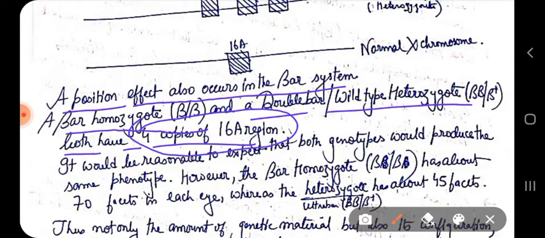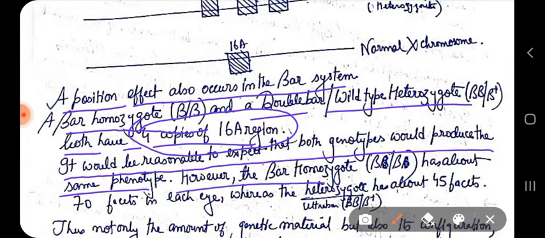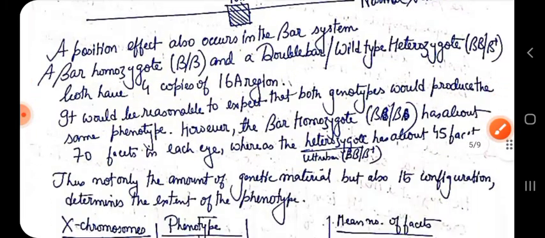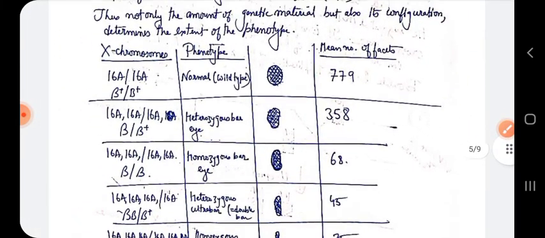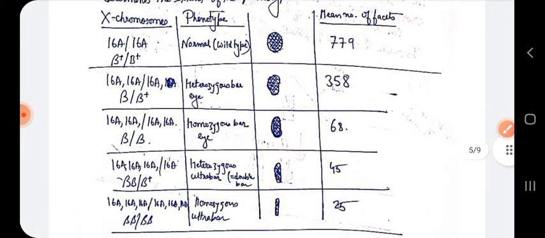That means more reduction in the number of facets, the number of small eyes that make your compound eye. It would be reasonable to expect that both genotypes would produce the same phenotype. However, the bar homozygote has about 70 facets in each eye, whereas heterozygotes will have about 45 facets, who are ultra bar. So this is the statistics diagram that I have tried to show you.